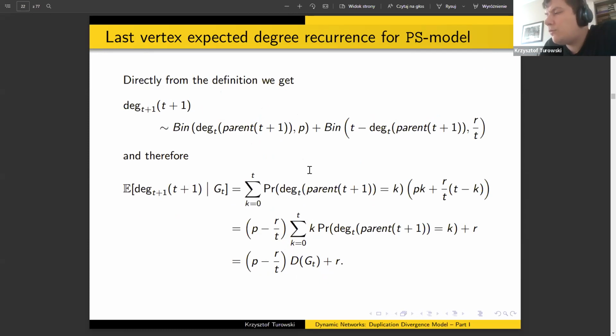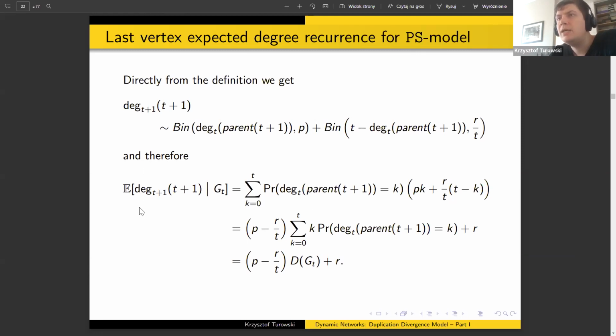This can be found from the following analysis: if a new vertex comes, then of course it draws some vertex as its parent. It adds some edges with probability P, and then it adds some edges with probability R over T. So we have two binomial processes, and the stochastic variable is just a sum of two binomial variables.